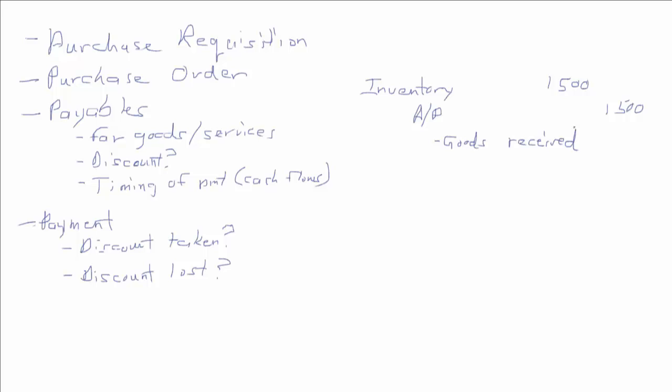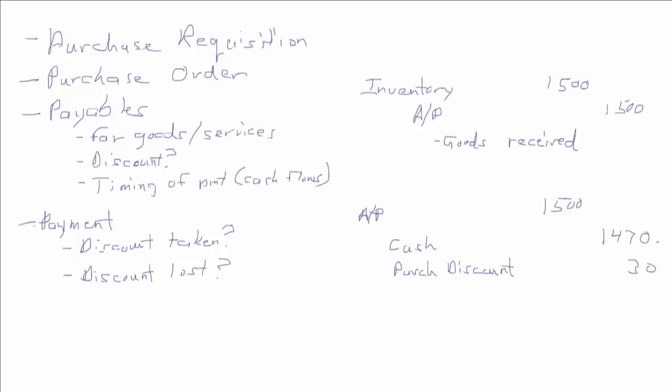And at some point in the future, we may make that payment. So we would then debit accounts payable for $1,500, and then credit cash. And in this case, we actually did take a discount, and so we can record that discount. Purchase discount, $30.